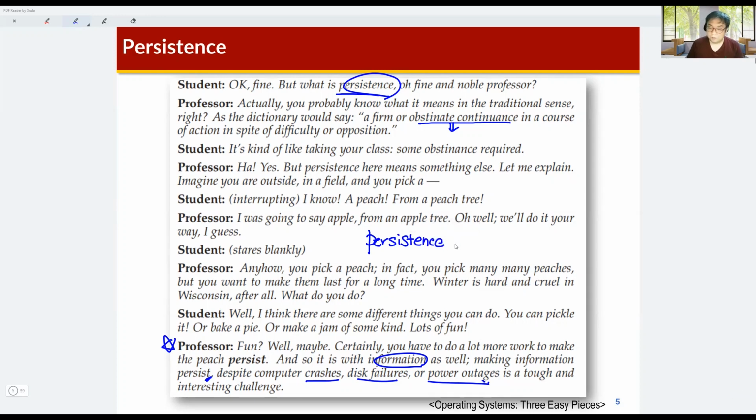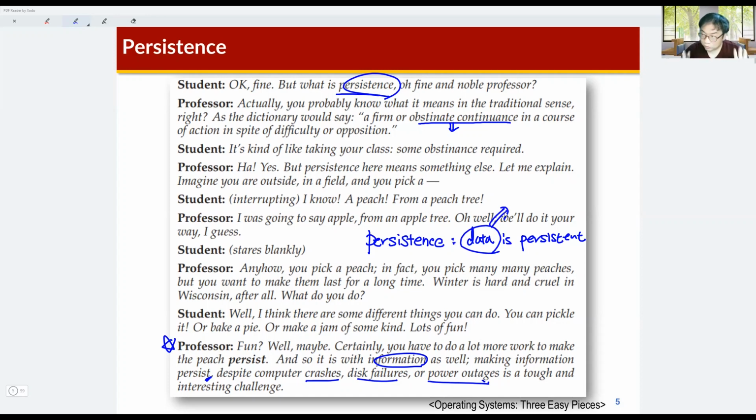So what does that mean? That means data is persistent, data is stored.